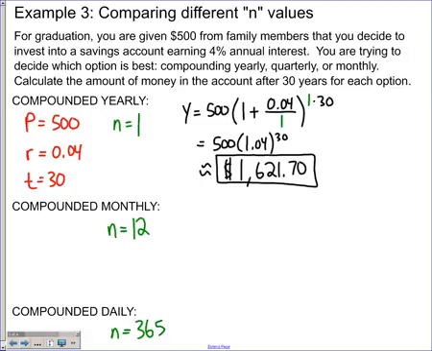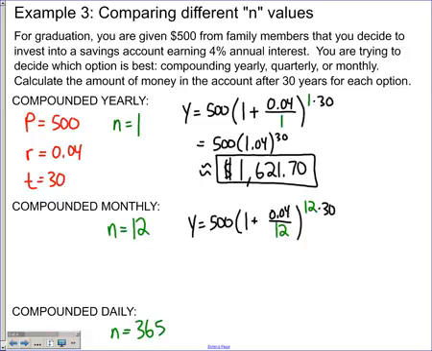Compounded monthly, we're just changing the value that's written in green here to 12. So y equals 500 times 1 plus 0.04 divided by 12, raised to the 12 times 30. Everything else stayed the same. The p-value, the r-value, and the t-value don't change here.